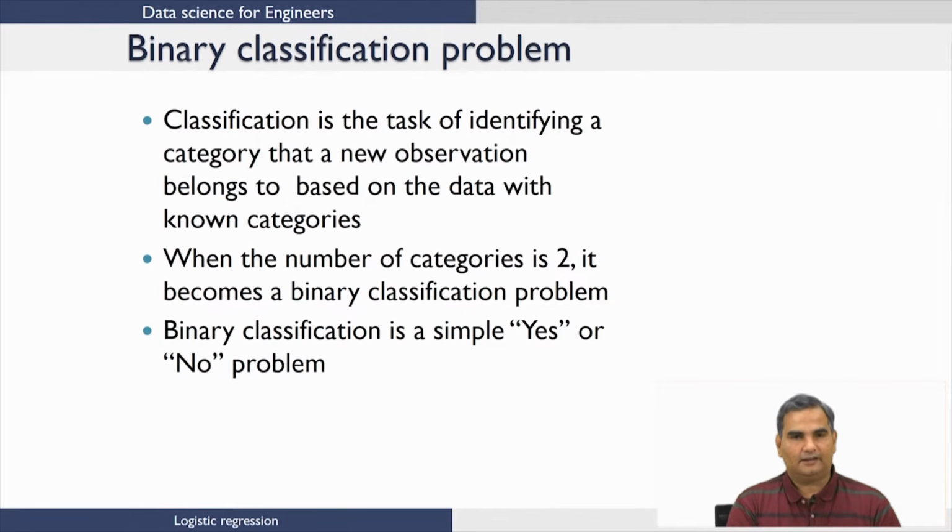There could be many categories to which the data could belong, but when the number of categories is 2, it is what we call the binary classification problem. We can also think of binary classification problems as simple yes or no problems, where you either say something belongs to a particular category or no, it does not belong to that category.